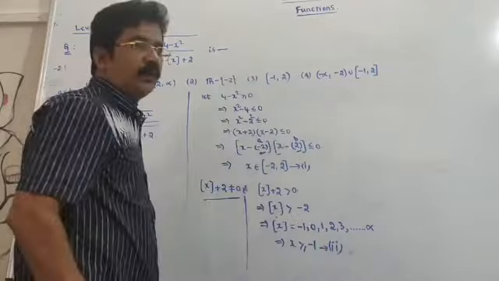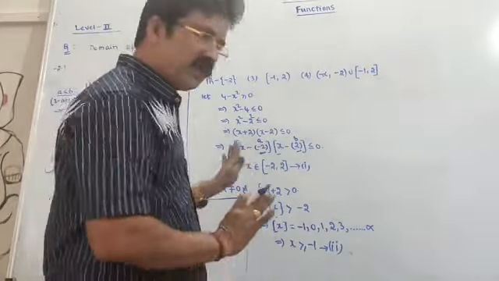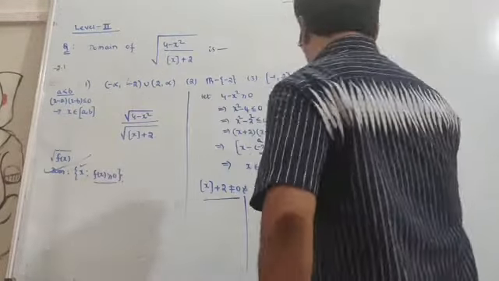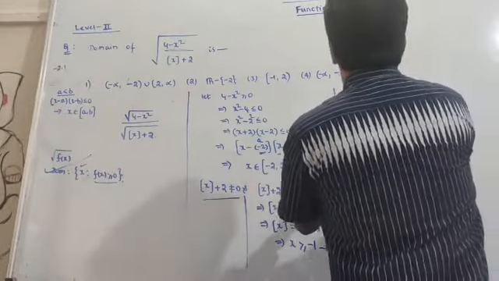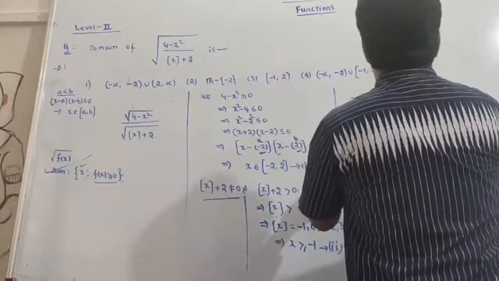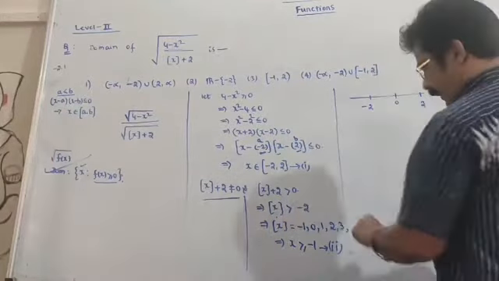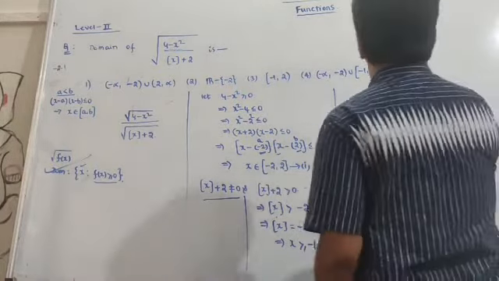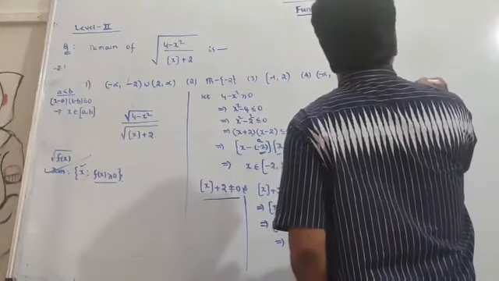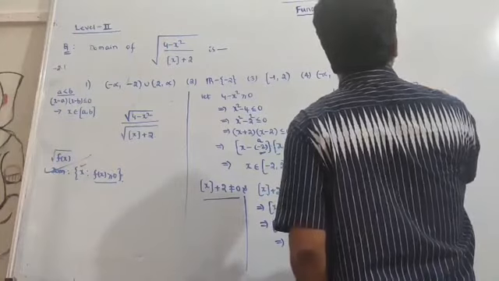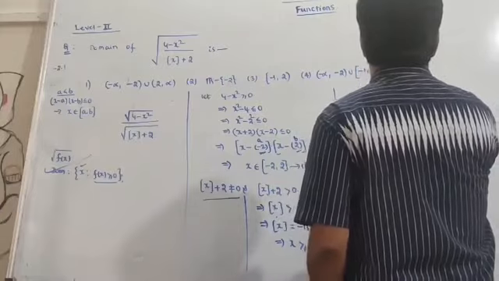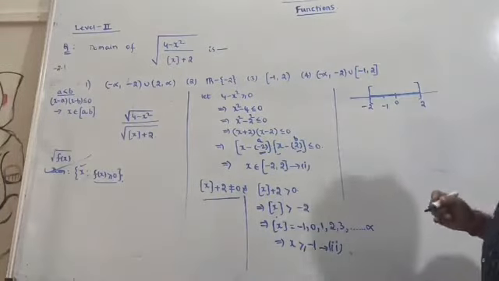First we consider these two statements only, to avoid confusion. What is the first statement? On the real line, this is 0, this is minus 2, this is plus 2. Next, x greater than or equal to minus 1, it is minus 1. First we shall find the combined solution of the two inequations. For the first inequation, this is the shaded part.